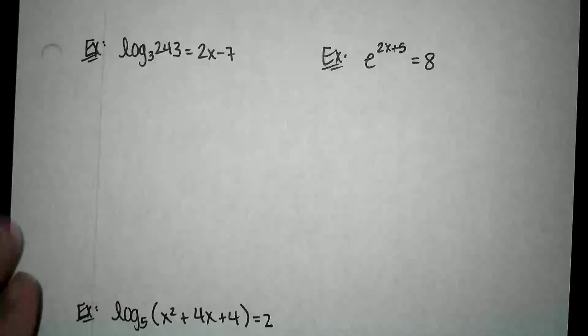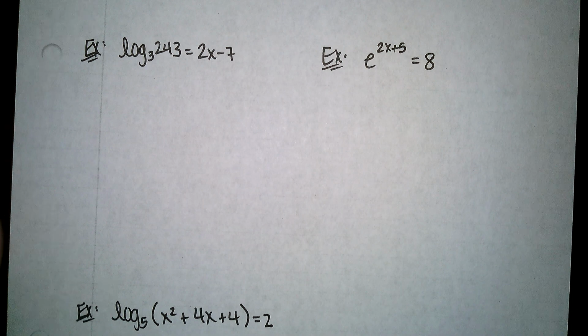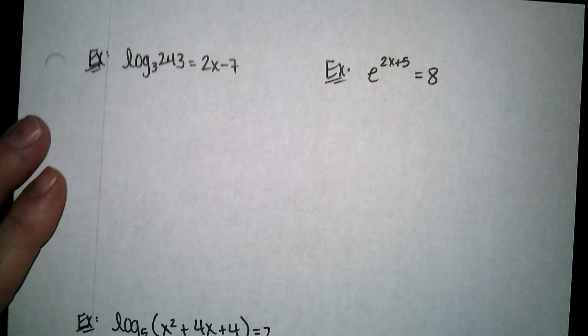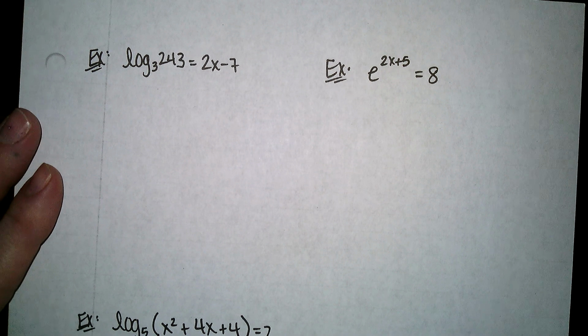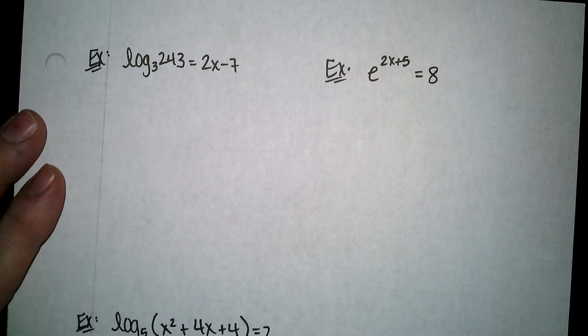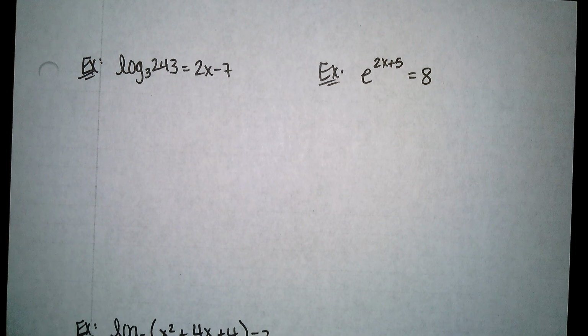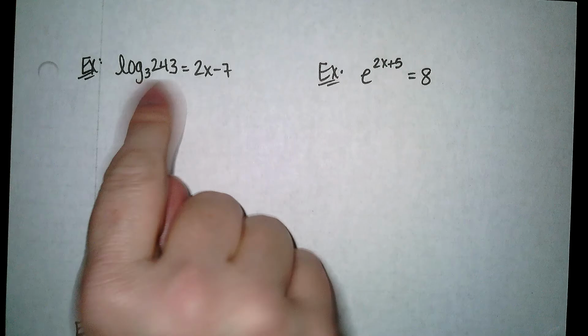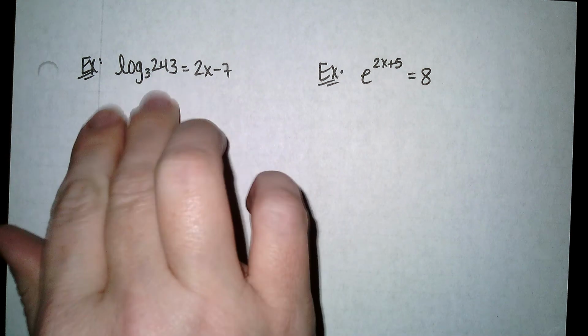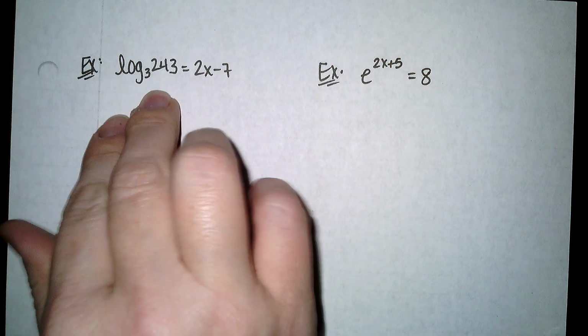Okay, just a few more equations to look at. So here we've got log base 3 of 243 equals 2x minus 7. I know that our go-to strategy has been converting from logs to exponents or exponents to logs, but that's when the variable is like stuck in a relationship that needs to be ended.